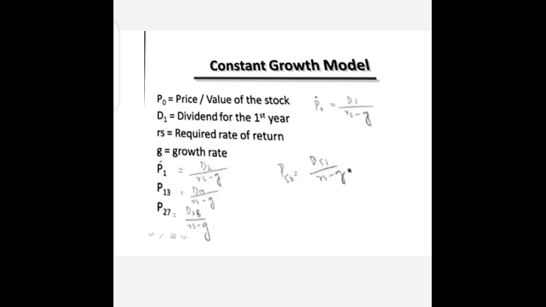P1 is D2 divided by RS minus G. If we want to find P13, we need D14 and divide it by RS minus G. If we want to find the price at 50, we need D51 and divide it by RS minus G. I hope you understood the formula behind the constant growth model, which is also known as the Gordon growth model.